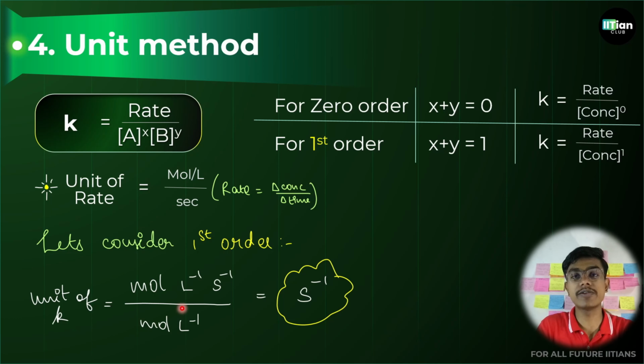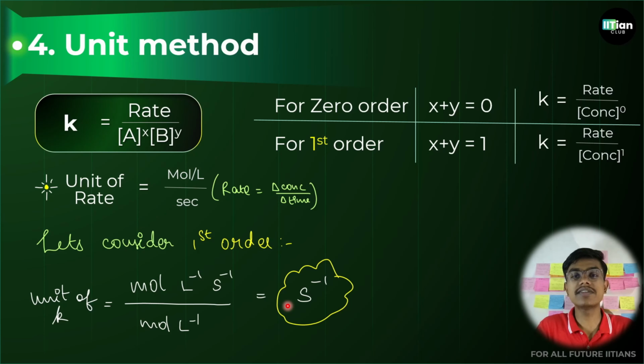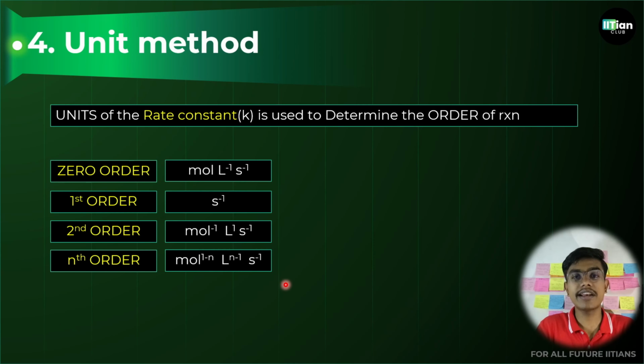Concentration will be expressed using moles per liter, the unit of molarity that's generally used. So moles per liter from the numerator and denominator will cancel out, and second inverse, that is 1 by S, will be the unit of the rate constant of a first order reaction. So when you see a rate constant with 1 by S as its unit, you can predict that it is a first order reaction.